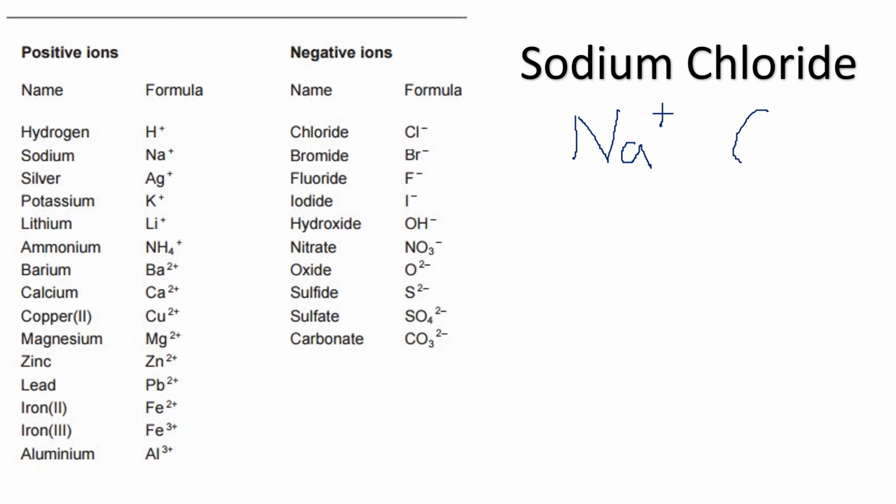And then chloride is Cl-. Now Cl- means 1-. Now in this particular scenario you've got a 1+ and a 1- charge. The charges are already balanced, so they form a compound in a 1-to-1 ratio. So the formula would be NaCl. You need to put no numbers in there. NaCl means 1 sodium and 1 chlorine.